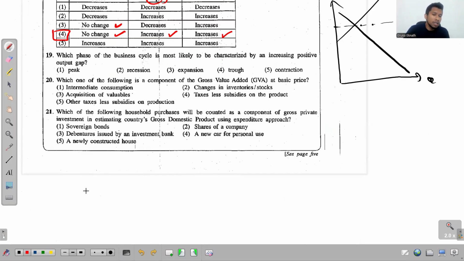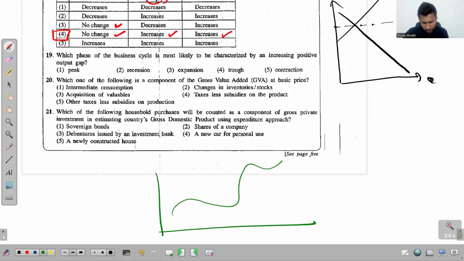Okay, so what is this positive output gap? What is that actually? The positive output gap is the positive difference between the actual output and the potential output, right? Now look. If I show you the business cycle in this way, this shows the actual output.